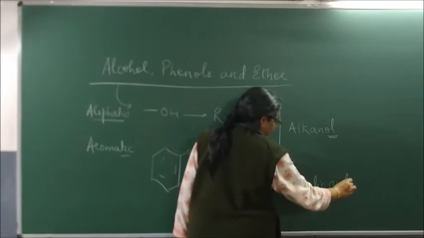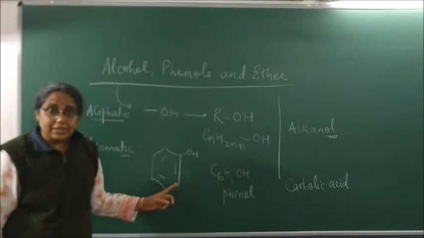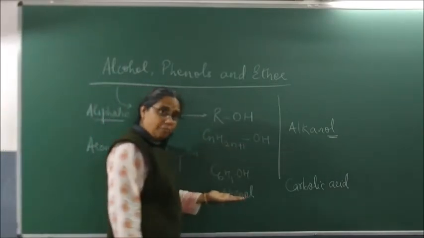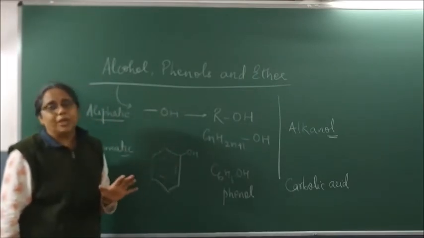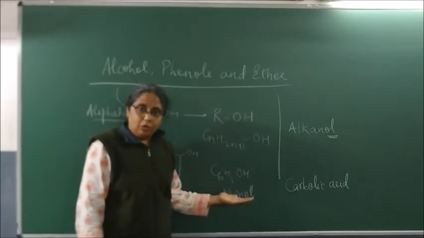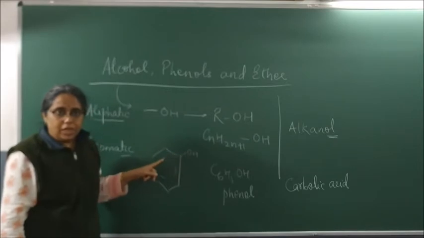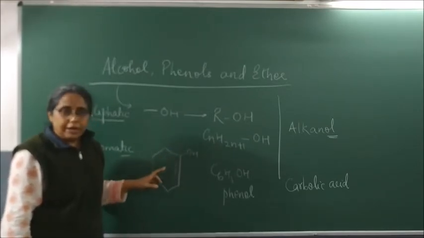Carbolic acid. This shows that phenols are what in nature? Acidic in nature. And phenol is the common name, as well as you can call it even in IUPAC, because of its maximum usage, it is called as phenol. Or its IUPAC name is what? Hydroxybenzene. Phenol is also called as hydroxybenzene.